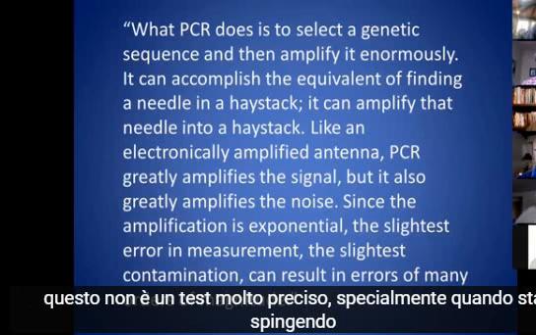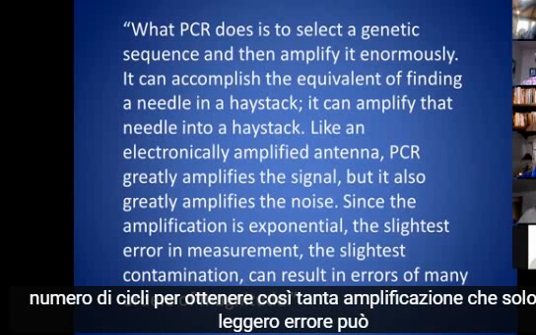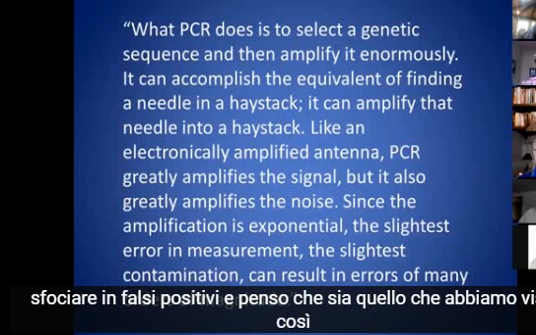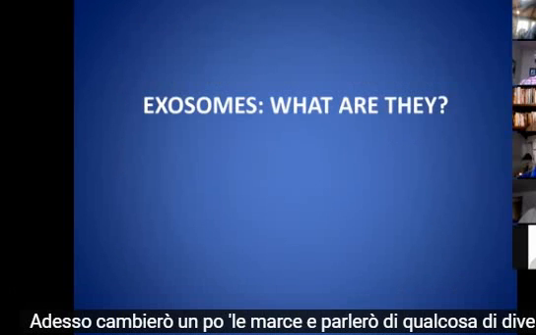Since the amplification is exponential, the slightest error in measurement, the slightest contamination, can result in errors of many orders of magnitude." So this is not a very accurate test, especially when you're pushing the number of cycles to get so much amplification. Just a slight mistake can result in false positives.